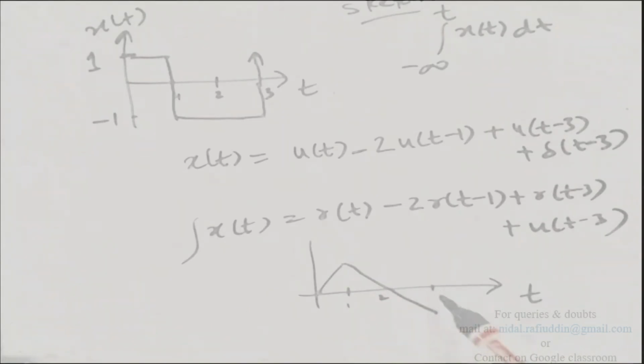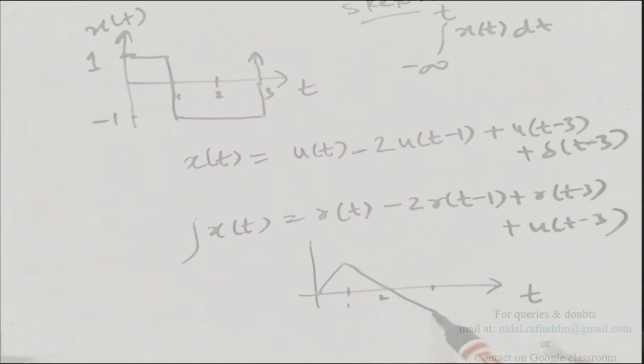At t equal to 3 we have another positive slope. So the slope of this line is -1, and if we add another slope of +1, then we are going to get a line with 0 slope. So this should be drawn straight, and we have a step signal that also starts at t equal to 3 and has a unit magnitude.